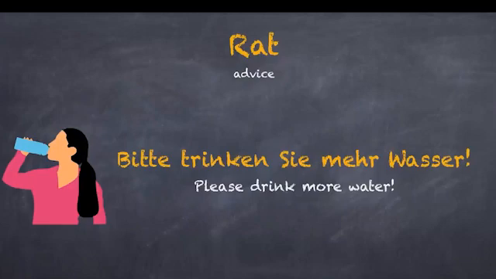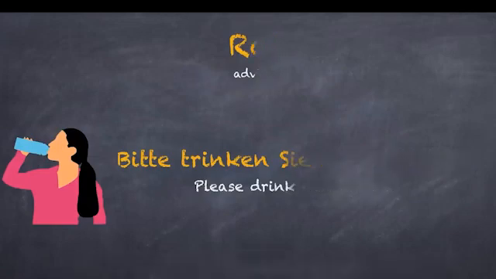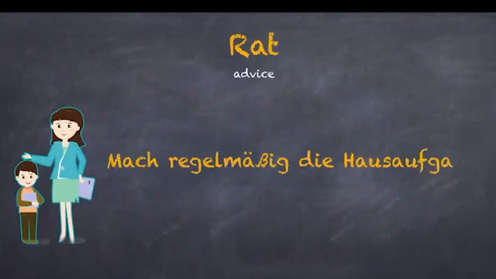Now let's move on to the next use. Rat. Whenever you have to give an advice, then you use imperative. For example, bitte trinken Sie mehr Wasser. You can also say, trinken Sie bitte mehr Wasser. Here's another example.